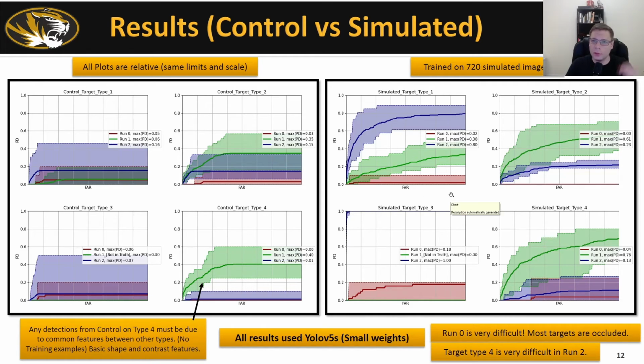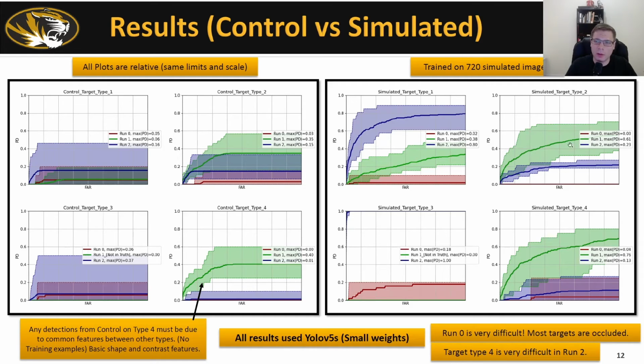On the right, though, we have the results of a model that's been trained on 720 simulated images. These are images that were totally simulated of explosive hazards. We can see that for target type 1, we're doing pretty well for run 2. We're detecting 80% of them while letting in some false alarms. We're pretty happy with starting to get some improvement here, because this was really just a first shot at trying to simulate explosive hazards.